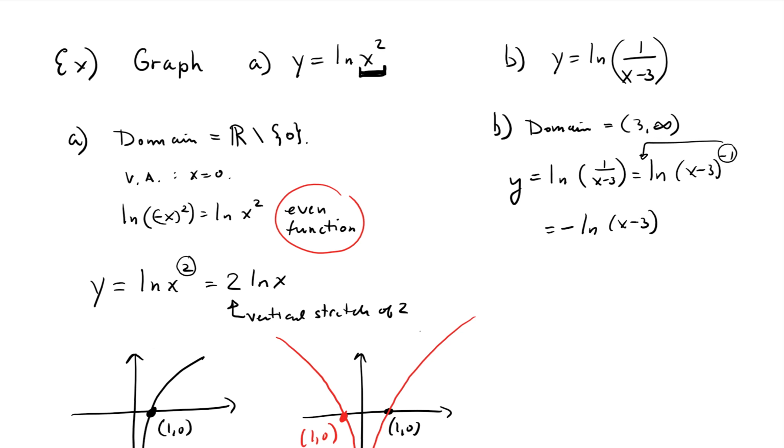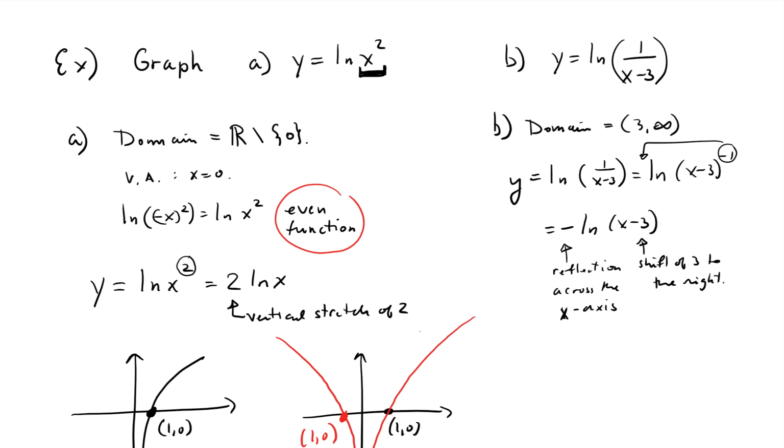And now it's much simpler because the x minus 3, I recognize this as performing a shift of 3 to the right, and the minus sign in front is going to perform a reflection across the x-axis of our graph. I said y-axis, sorry, I meant the x-axis.